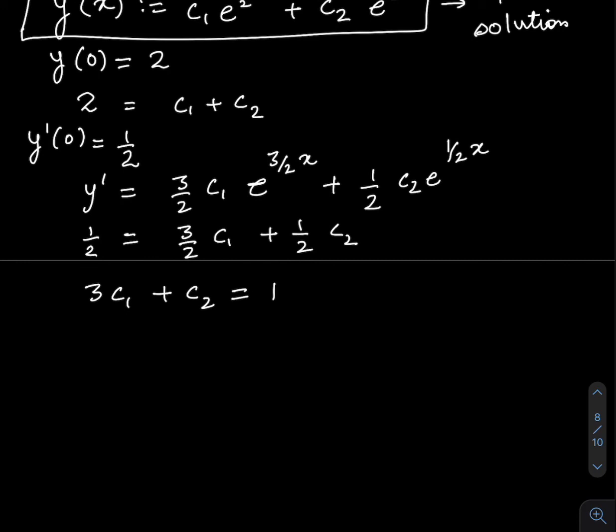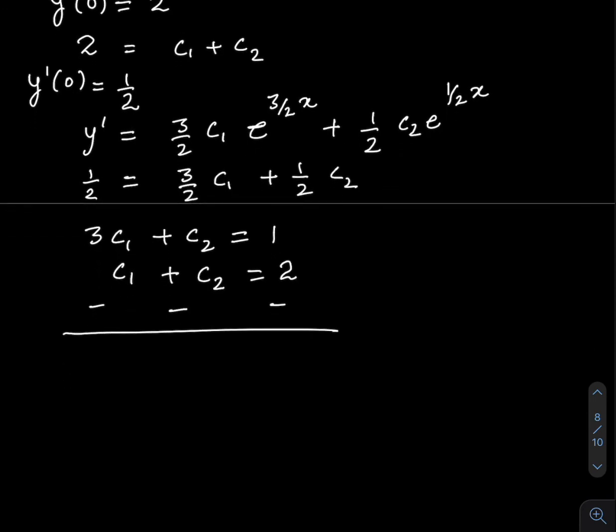And our other condition was c1 plus c2 is equal to 2. We have these two conditions and we will find c1 and c2 now. So if we subtract these two equations, we will get 3c1 minus c1 is 2c1, c2 will cancel out, equal to -1.